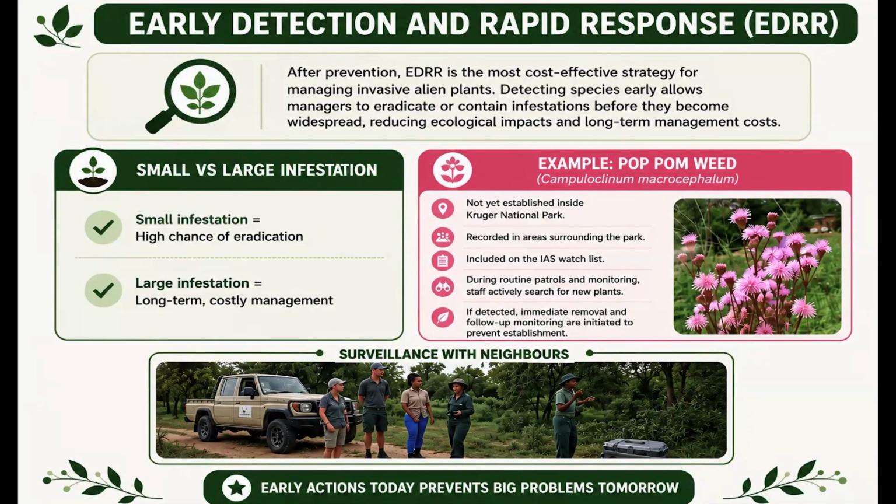I'm going to make reference to an example of pom-pom weed. This particular weed, we do not have it in the park yet, but it's already recorded in some areas around the park. So this species is automatically included in our IAS watch list. During routine patrols, field rangers look out for it.